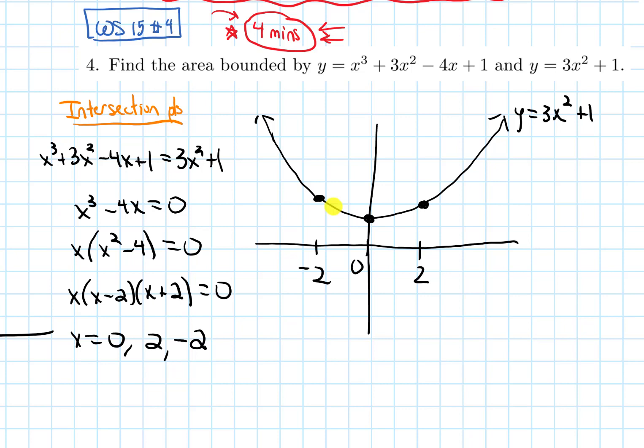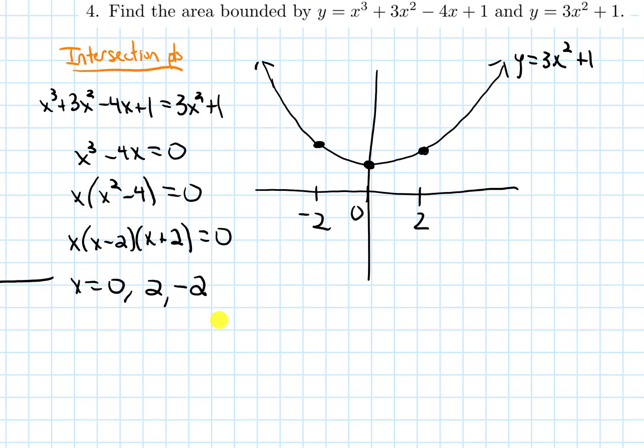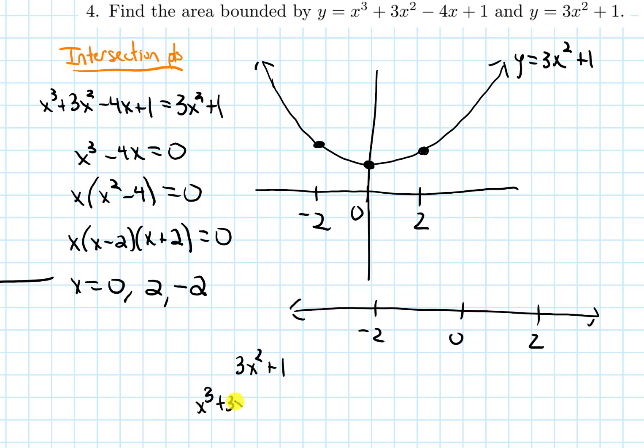So what I'm going to try to do now is figure out, well, between these intersection points and on the outsides of the intersection points, which of these functions is going to be bigger? And to do that, I'm going to use a number line. I'll plot these intersection points, the negative 2, the 0, and the 2 on it, and I'll keep one row for the parabola function, 3x squared plus 1, and one row for the cubic, x to the third plus 3x squared minus 4x plus 1.